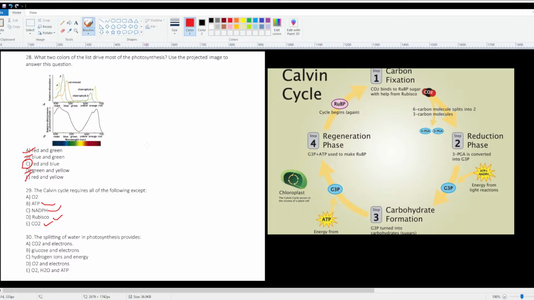So remember, what do plants release? What do plants not need? Oxygen, right? Plants just put out the oxygen into the air. We breathe the oxygen that they make. Look at what's not here. G3P plus ATP is used to make RuBP, and then RuBP gets broken down via Rubisco.